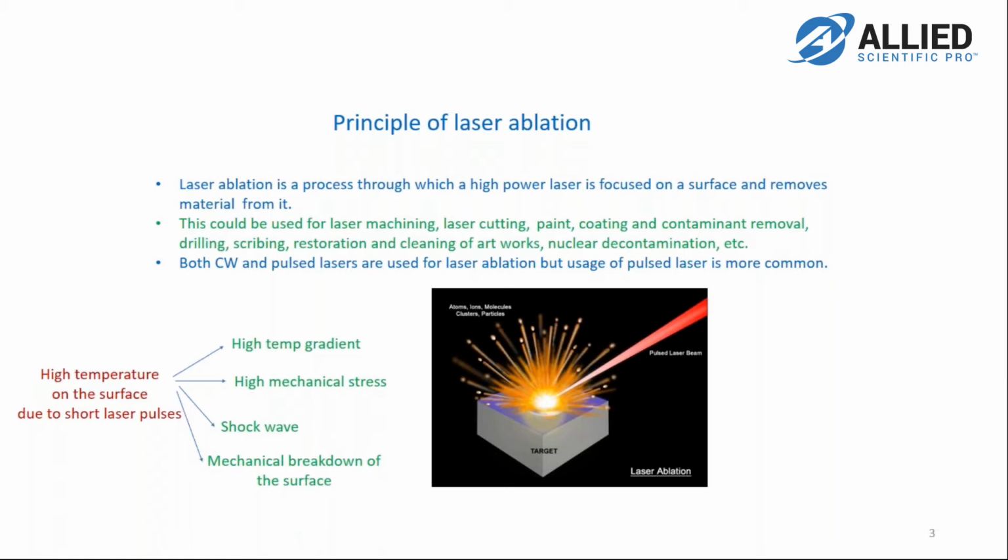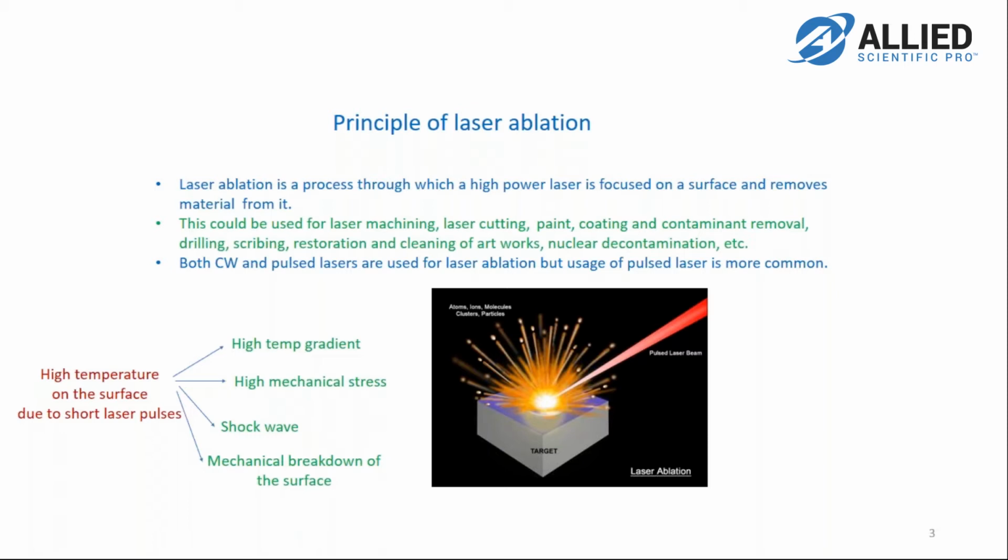There will be high temperature gradients and high mechanical stress. In some cases, there will be formation of a plasma, a shock wave, and then a mechanical breakdown of the surface. All of these processes are at work and make it possible for the laser cleaner to clean the surface.